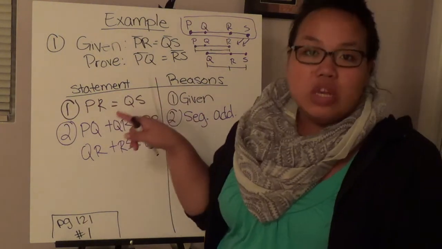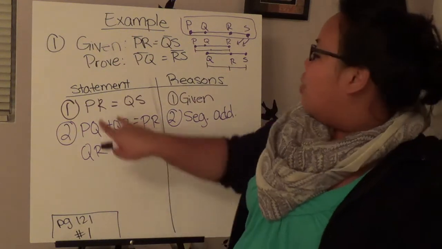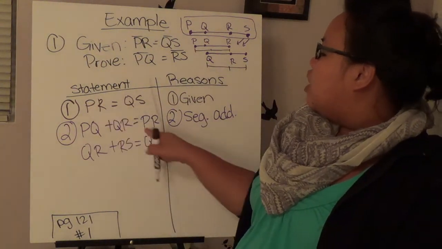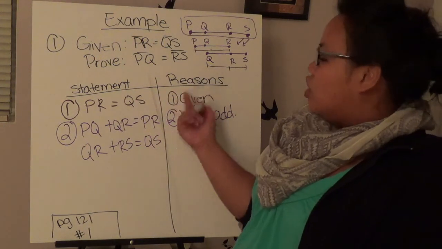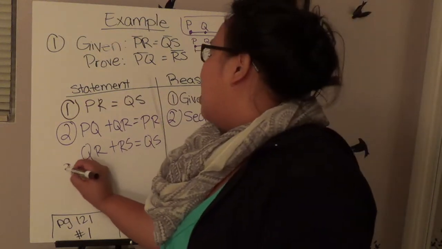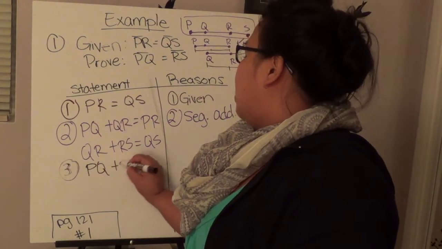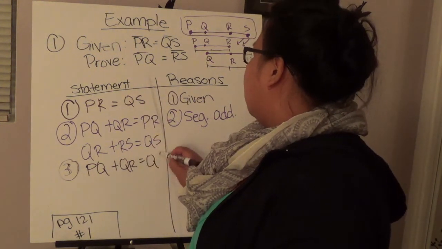Well, when things are equal to each other, then you can substitute them for anything, right? So anywhere I see PR, I can also put QS. So instead of PR here, what else can I put? QS. Instead of QS, I can also put PR. So what if instead I put PQ plus QR equals QS?